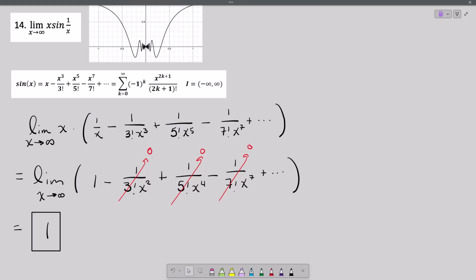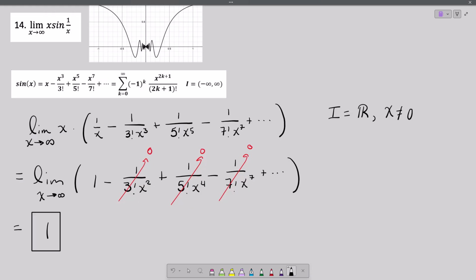The reciprocal of any real number is still a real number except in one case, and that's when x is 0. So we can't let x be 0. So the interval of convergence here will be all real numbers except x not equal to 0. If we're letting x go to infinity, totally fine.